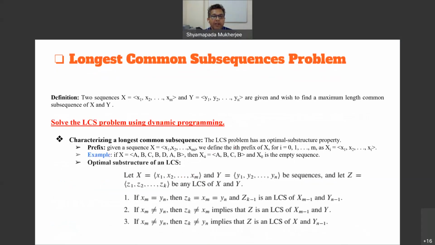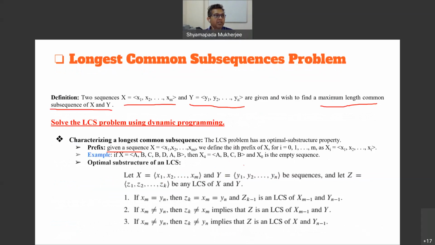So here is the simple definition of the longest common subsequence problem. We are given two sequences x1 to xm and y1 to yn, and we are interested in finding the maximum length common subsequence of x and y. Before that, we need to know a prefix of a given sequence.